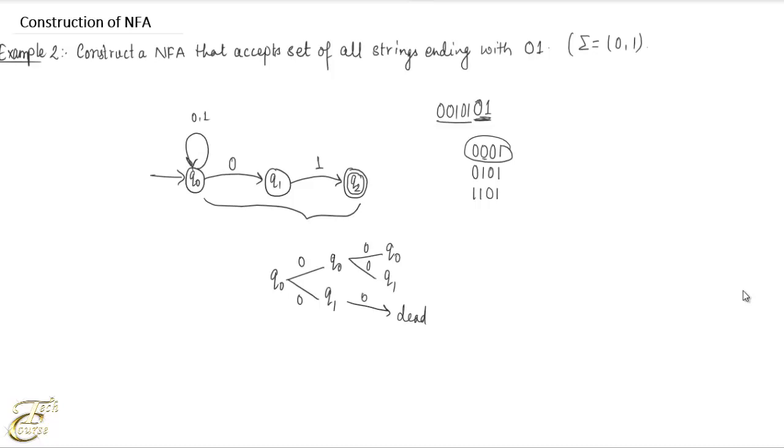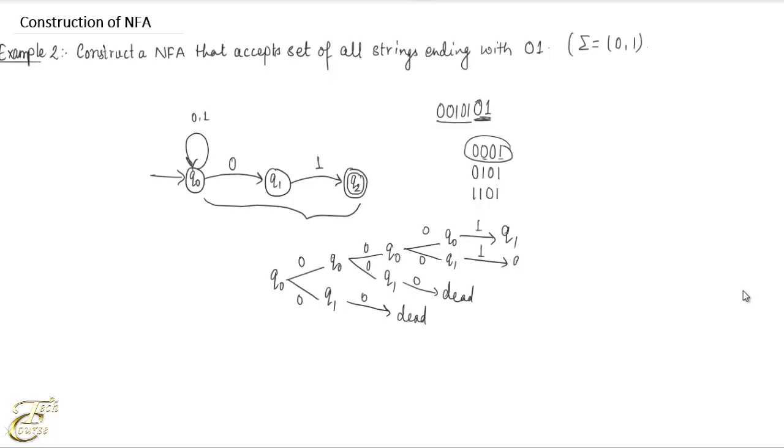Now reading this 0 in Q0 and Q1 states leads to Q0, Q1, and here dead. Now reading this final 1 in Q0 state leads to the state Q1, and reading 1 in Q1 state leads to the state Q2.